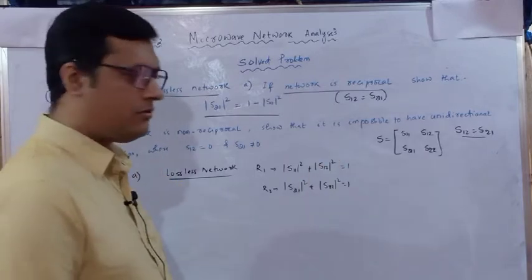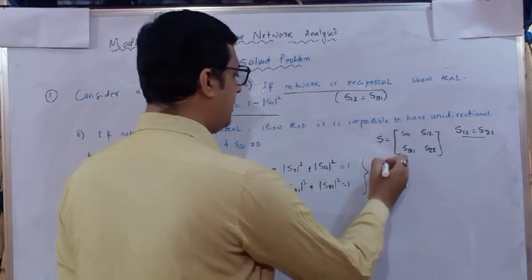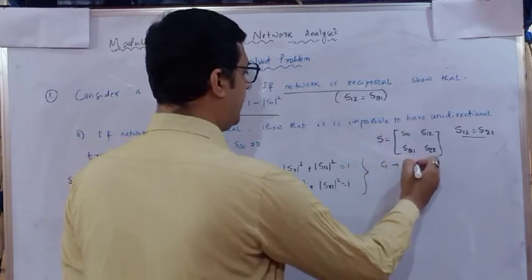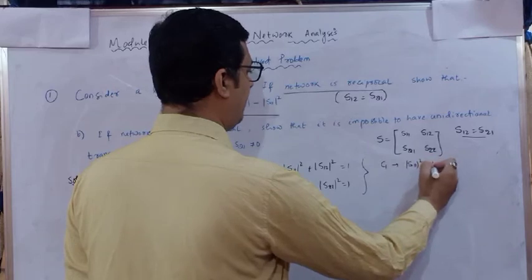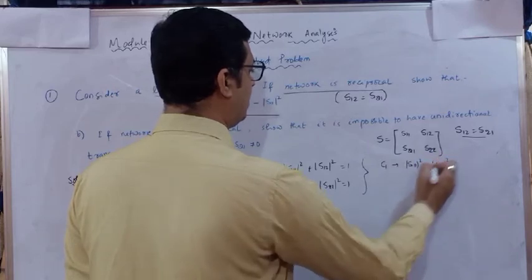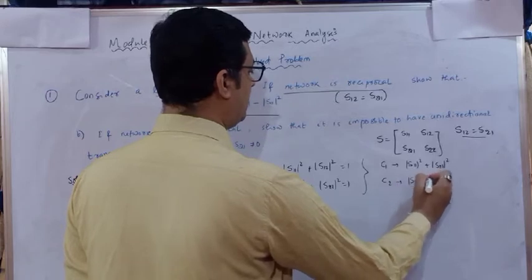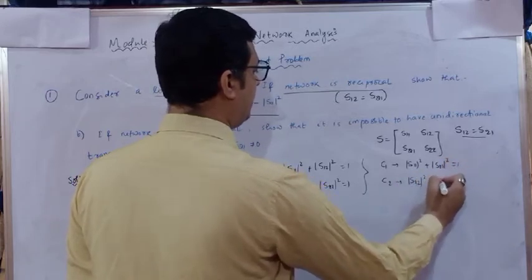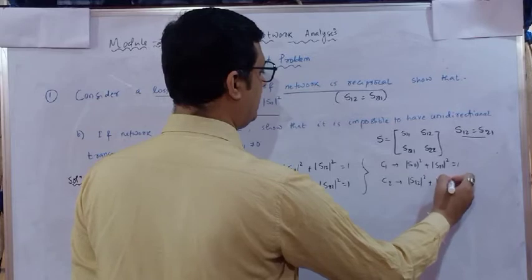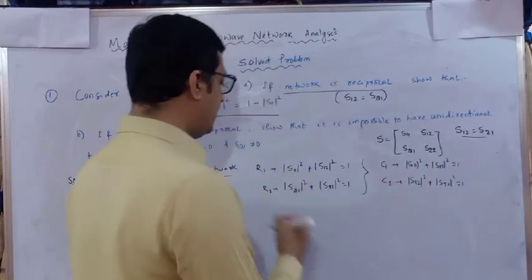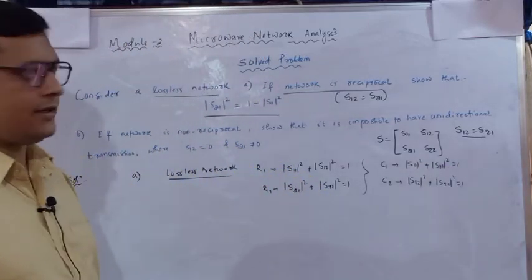This is with respect to row. Similarly, with respect to column, mod S11 square plus mod S21 square, and column 2 is mod S12 square plus mod S22 square, is equal to 1. So this is the condition for the lossless network.